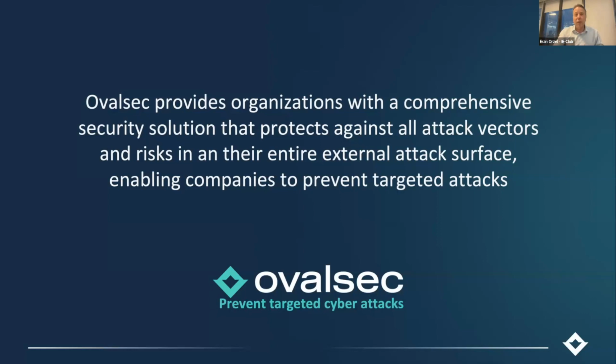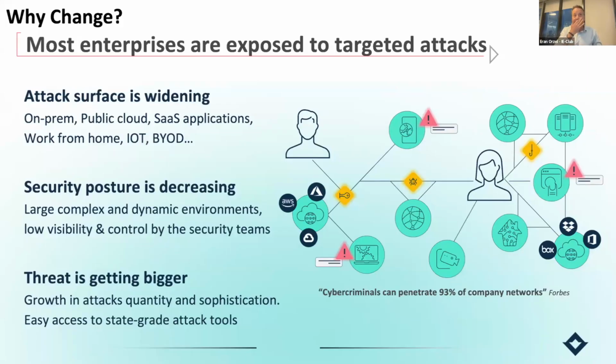Let's start by understanding why we need to change what we're doing. The main reason is that most enterprises today are exposed to targeted attacks. Some surveys say 93, some said all of them.